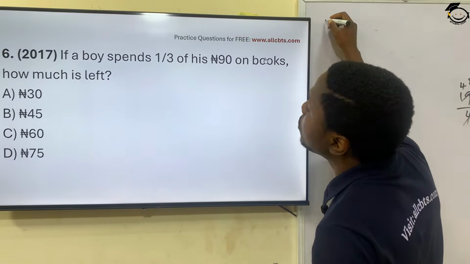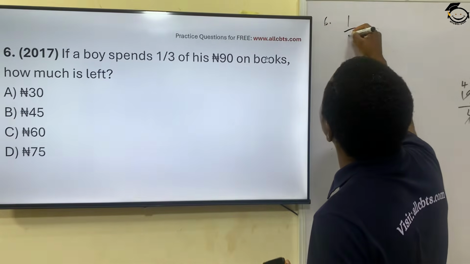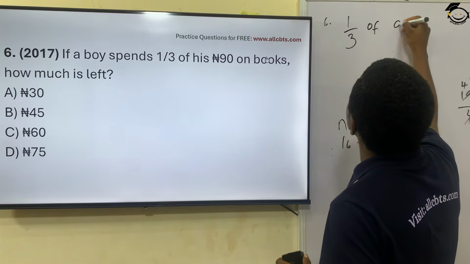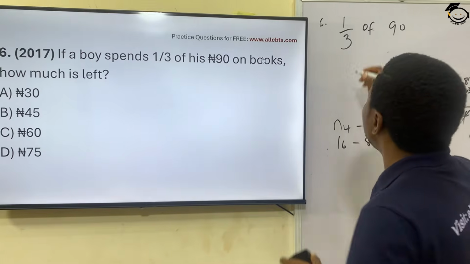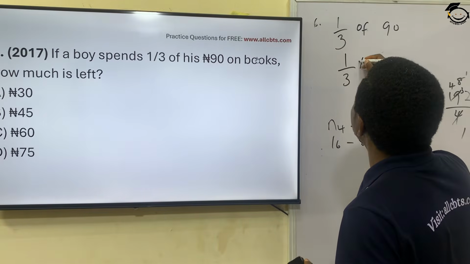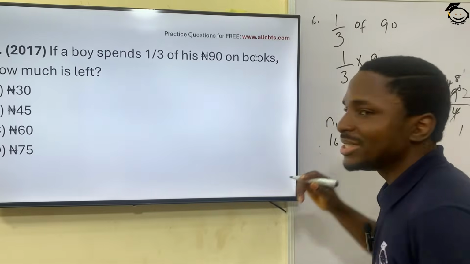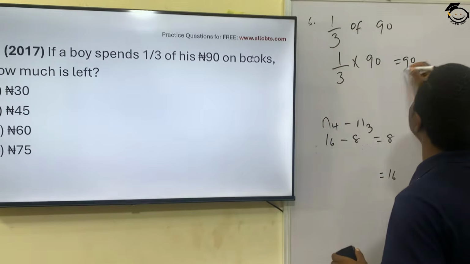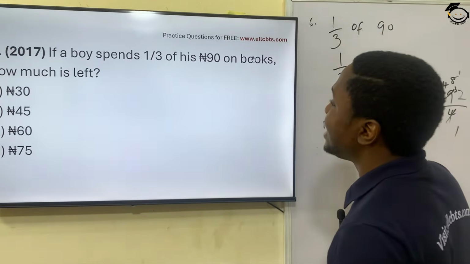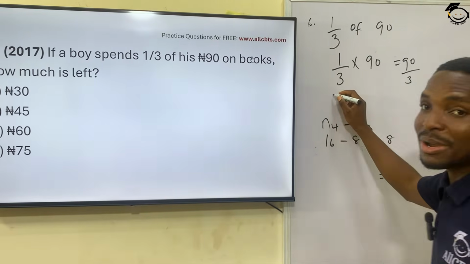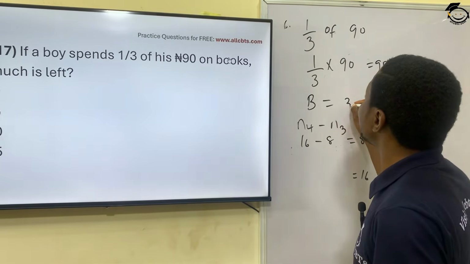So now question 6, you have 1/3 of 90, which is simply 1/3 times 90, right? So 1 times 90 is 90 divided by 3. So let's say the boy, let's represent the boy by B. B is equals to 30.